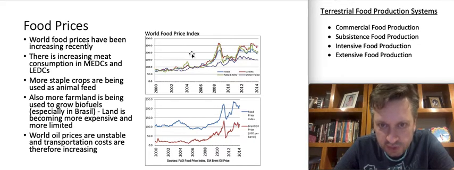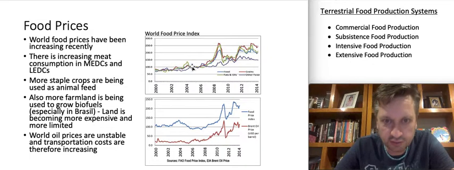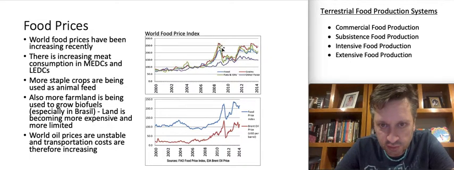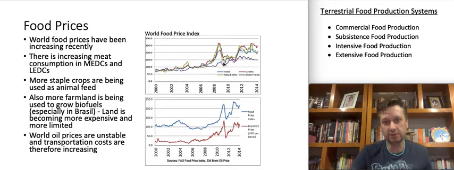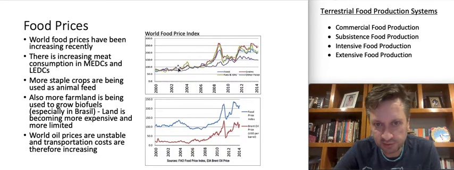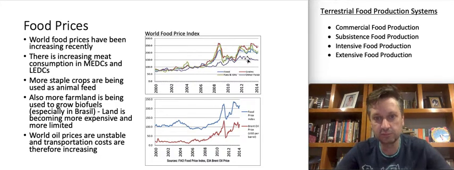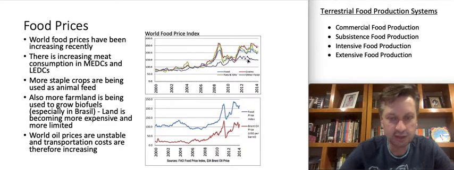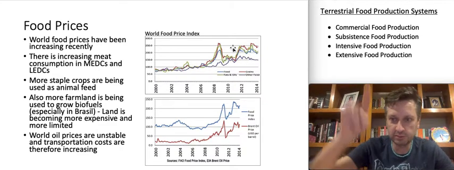And then the other colours are for different foods. The green line is for fats and oils. The red line is grain products. And the purple line is other foods. But you can see that they generally follow the same kind of pattern. They've been increasing over time, over the last 15 to 20 years. And they're volatile. There's peaks and troughs in that graph.